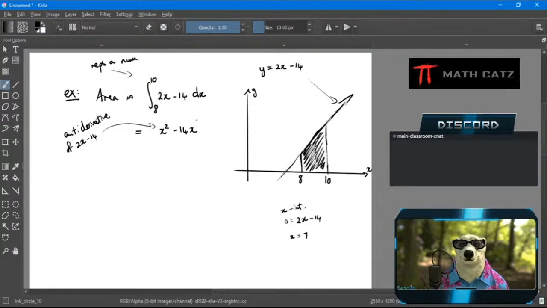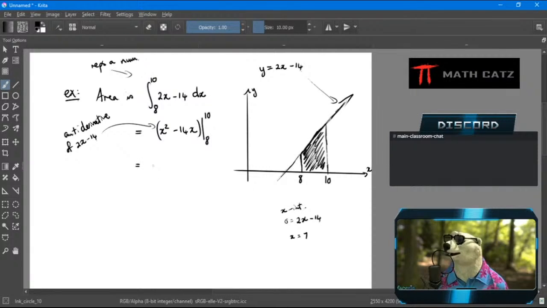So I'm just going to say here, look, I know this is temporary. I'm going to put a line here to mention that I still need to plug in my x values. I'm not done. This is just one of the two steps. I need to find an antiderivative first and then plug in the numbers.